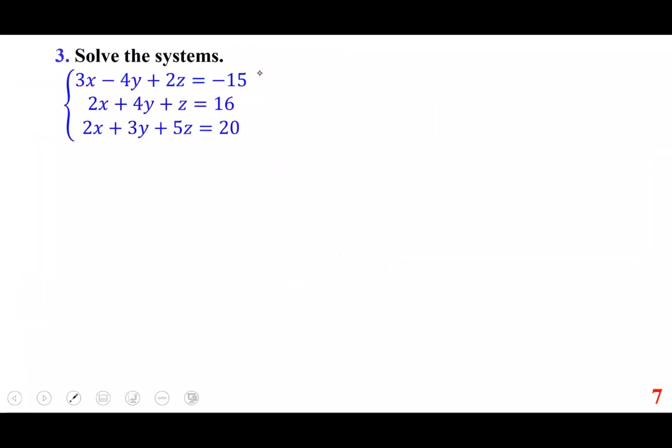The system, I'm going to quickly show you 2 ways. I'm going to do it by hand. Also, I'm going to show you technology. So we have 3 equations. Let's give them names, equations 1, 2, 3, so we can refer back and forth. And you decide which variable to get rid of.